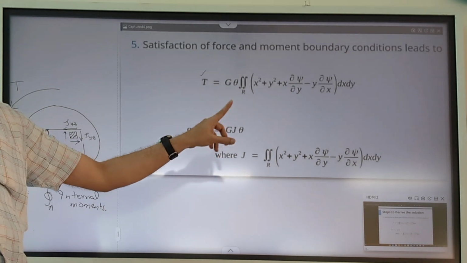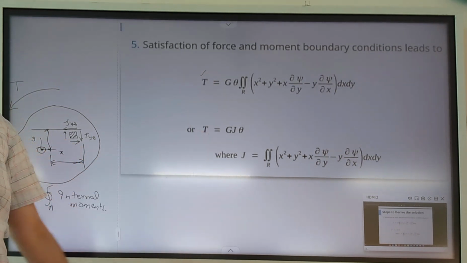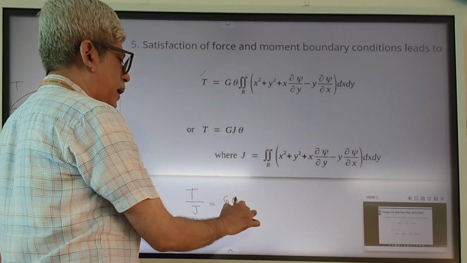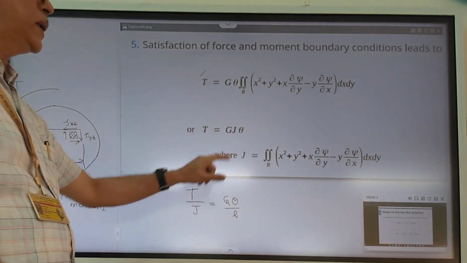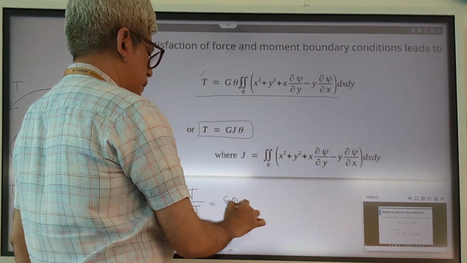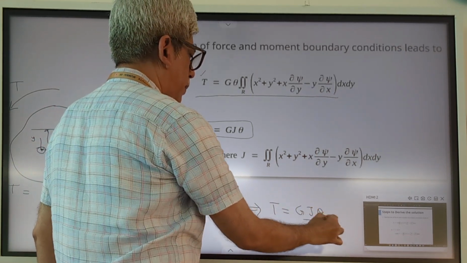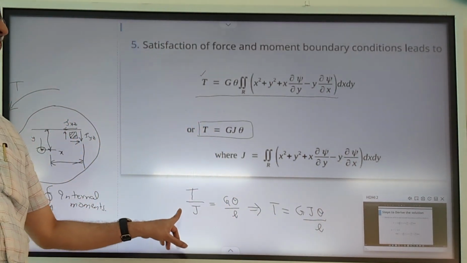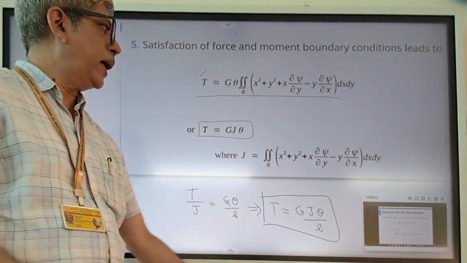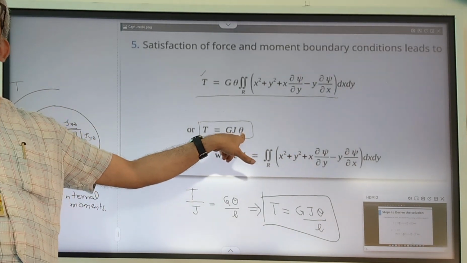Usually this equation is written in the form which conforms to the way the classical torsion equation is written. Our classical torsion equation is T by J equal to G theta by L. So this implies that T equals G J theta by L. The classical equation says the torque is GJ multiplied by theta by L. In our nomenclature, this theta is the angle of twist per unit length.